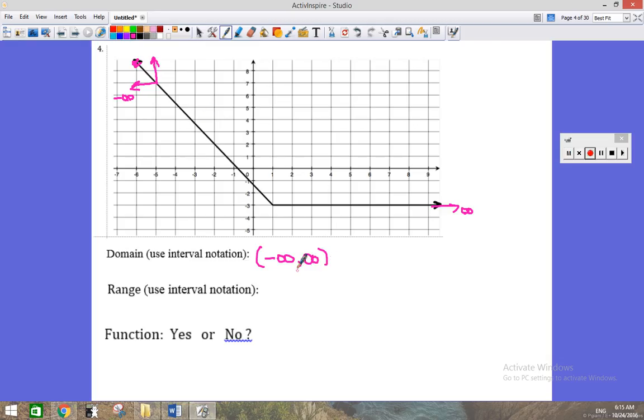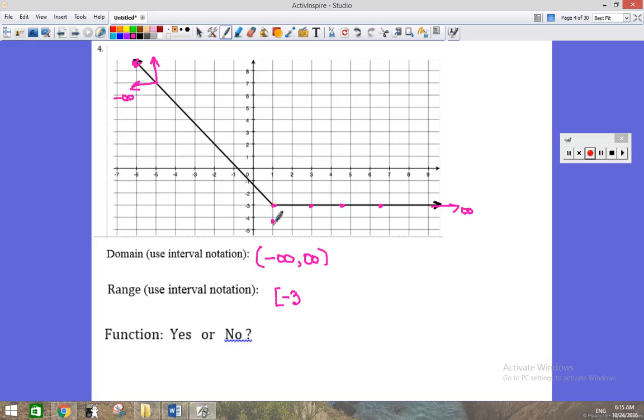Now, remember, in interval notation, it's the smaller value comma the larger value. And here, if you look at all of the points on this horizontal component, they all have one thing in common. The y coordinate is -3, and there's no point on the graph that has a y coordinate that's less than -3.